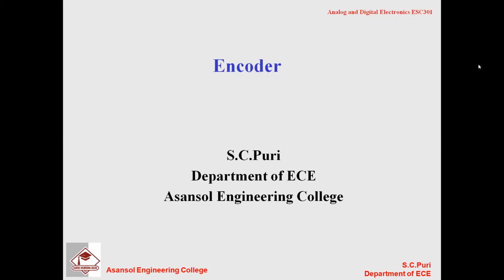That is, an encoder is a device which converts familiar numbers or symbols into a coded format. In other words, an encoder may be said to be a combinational logic circuit that performs the reverse operation of the decoder. Thereby, the opposite of decoding process is also called encoding.